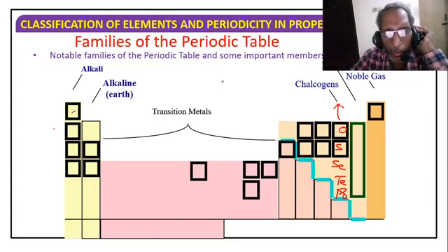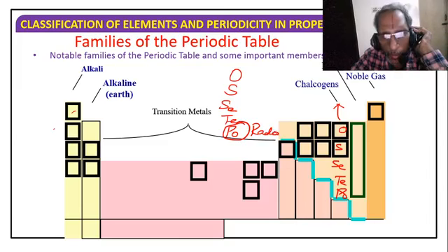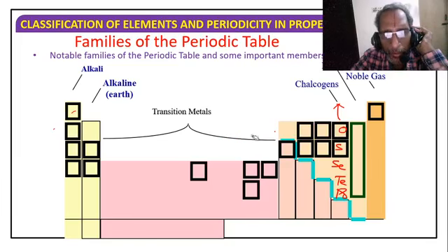Here polonium is radioactive, involved in nuclear reactions. Oxygen forms oxides, and they form oxide, sulfide, selenide, all negative ions.